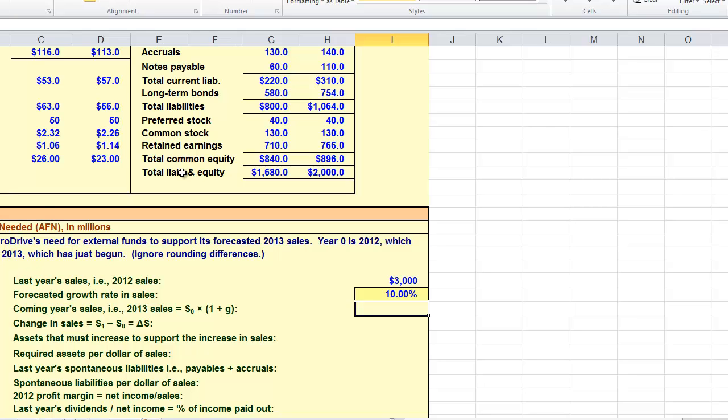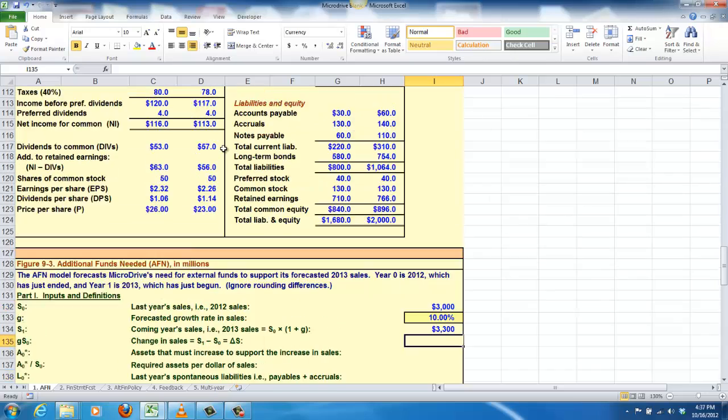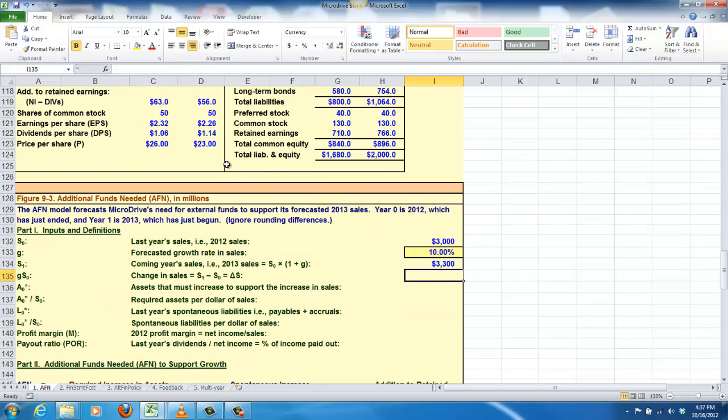The coming year sales are going to be equal to last year's sales multiplied by 1 plus the growth rate, or $3,300. Next is the change in sales. So change in sales is going to be equal to our projected sales minus our last year's sales.